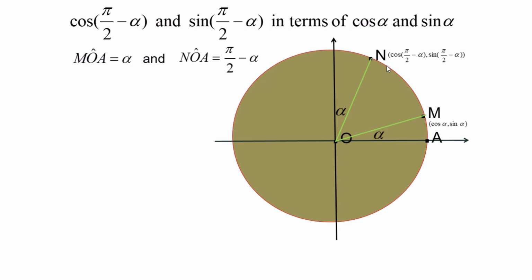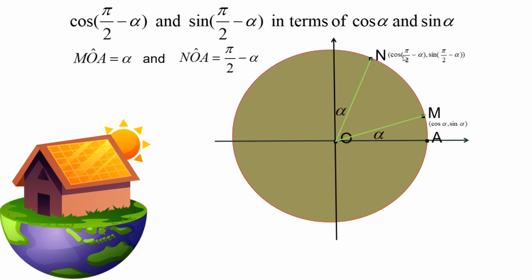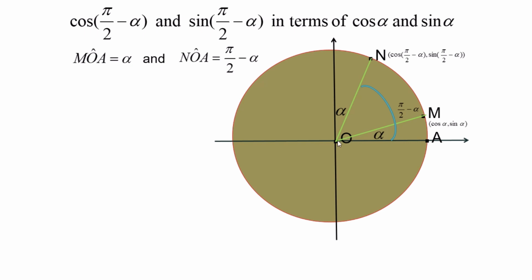And the coordinates of N, cosine pi by 2 minus alpha, sine pi by 2 minus alpha, since this angle is how much? Pi by 2 minus alpha. Draw the bisector of the angle NOM. Bisector of this angle.